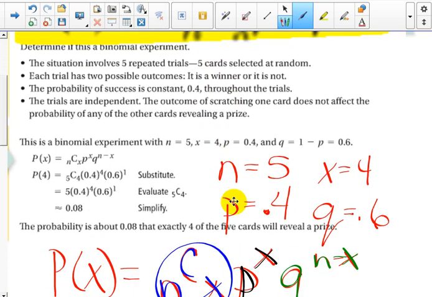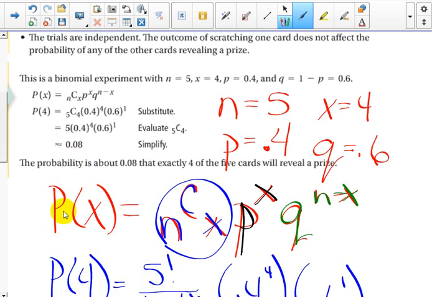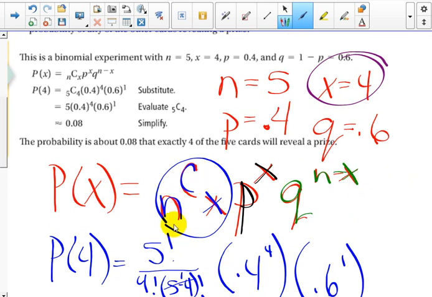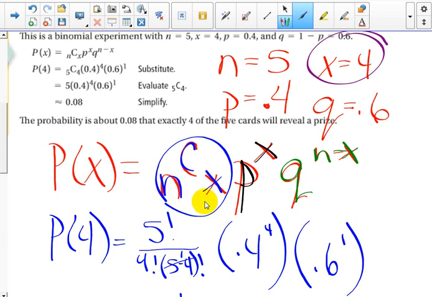So now, let's plug it in the formula. P of x is equal to nCx times p to the x power times q to the n minus x power. So let's plug in our numbers. We know x is equal to 4, so P of 4 is equal to... I just went ahead and did the nCx by hand.